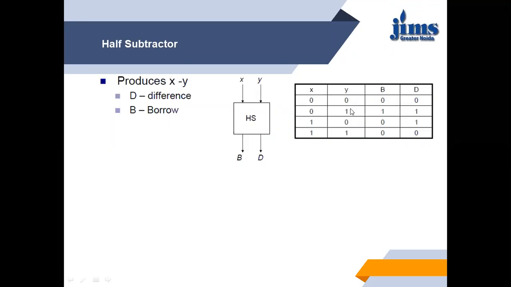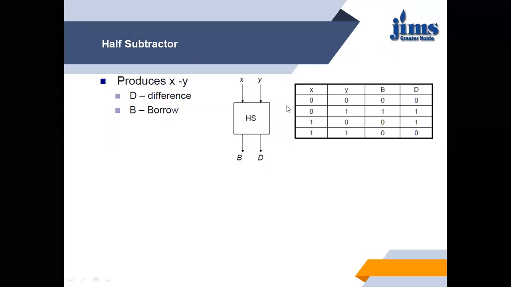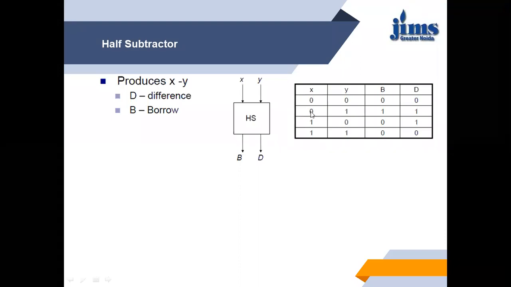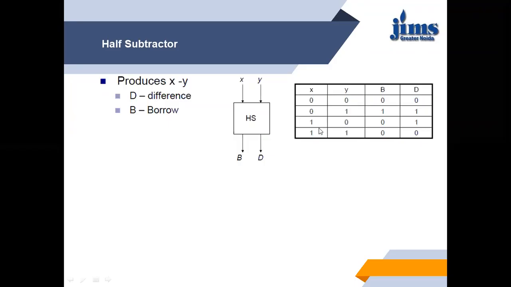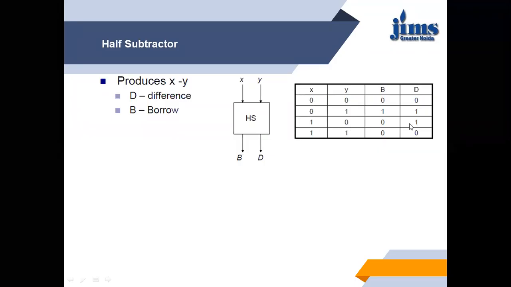When we do 0 minus 1, it is not possible to subtract a 1 from the 0, so we have to take a Borrow, then this x becomes 1 0. So 1 0 is nothing but 2. So 2 minus 1 is 1, and we already have taken a Borrow, that means Borrow is 1. 1 minus 0, difference is 1, Borrow is 0. 1 minus 1, difference is 0, Borrow is 0.